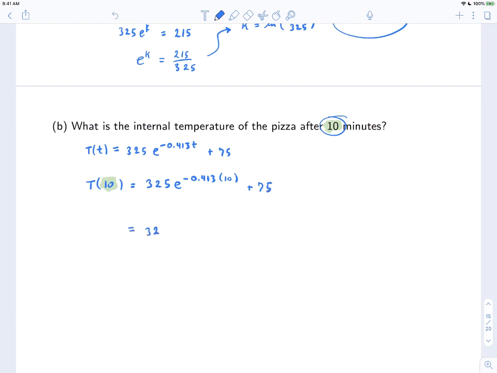So that's 325 times e to the minus 4.13 plus 75, and this is approximately equal to 80.2269. So the internal temperature of the pizza after 10 minutes is just over 80 degrees Fahrenheit.